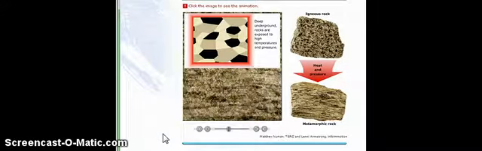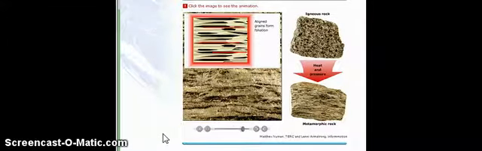Those minerals that are within there are going to change due to high temperatures or pressure, and that's going to cause this squeezing. Now this squeezing, if there's enough of it, is going to cause these minerals to form bands or just a kind of layered look, which we call foliation. So you can easily see that in this animation.